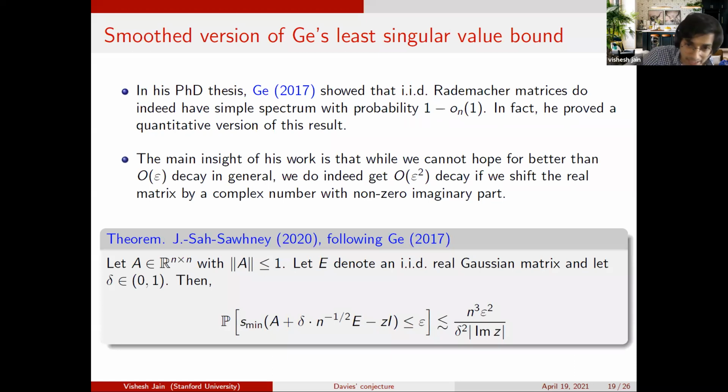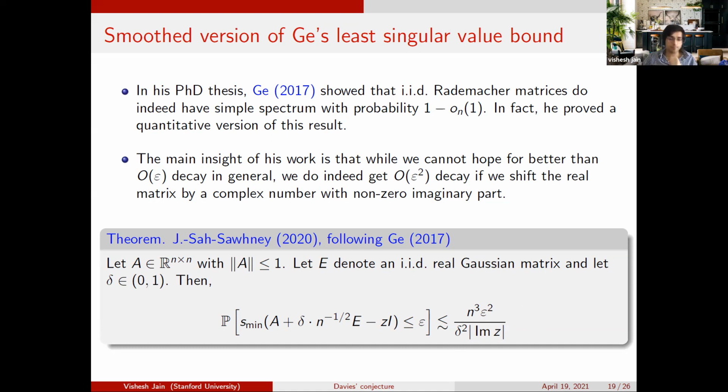The main insight that enabled him to get past this epsilon versus epsilon squared issue was the following. Imagine that z is 0 here. If I have a real matrix and I perturb it by, say, a real Gaussian matrix, I know that in the worst case I cannot get tail behavior better than rate epsilon, simply because when A is 0 and E is an i.i.d. Gaussian, this is tight.